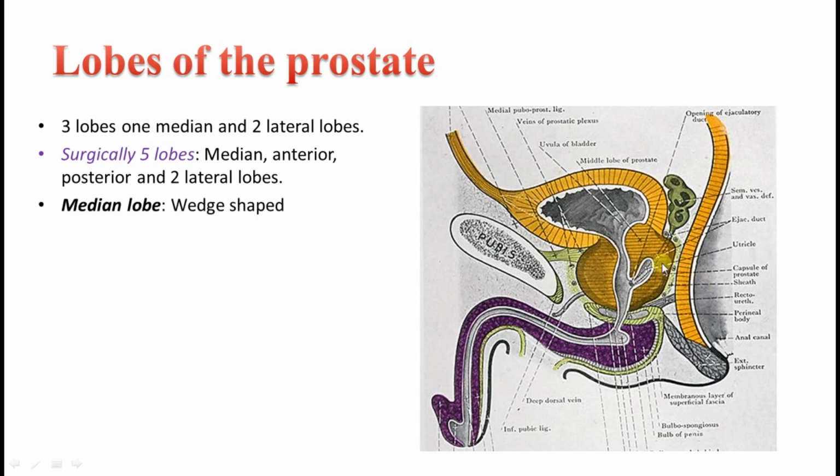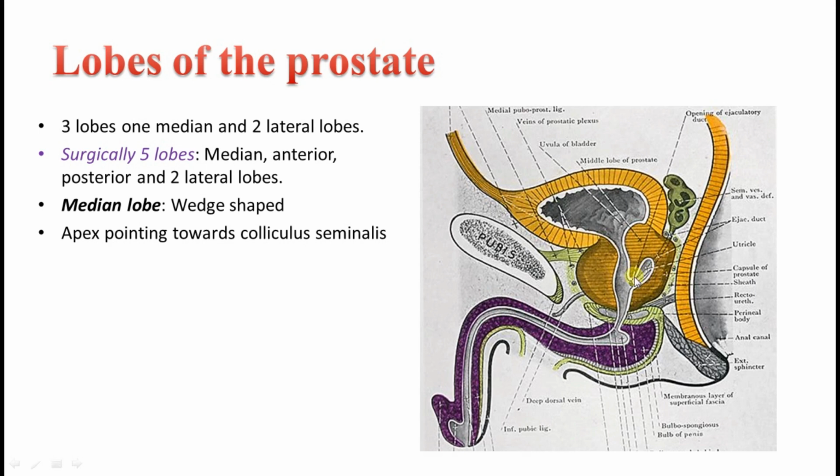So the median lobe here you are able to see is wedge shaped, base directed upwards, apex directed downwards, and the base forms the uvula vesicae. The base is related to the trigone of the bladder, and forms a small elevation which is called the uvula vesicae.